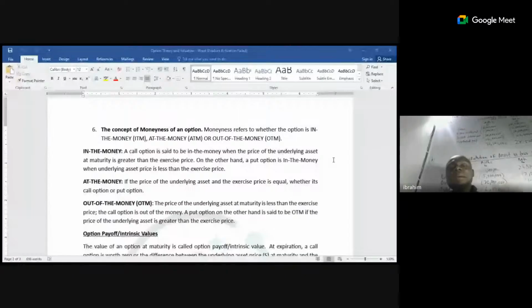Then, a put option is an option to sell. You've exercised your rights, Busayo. You've exercised your rights to buy UBA shares or to sell, because this is a put option. To sell UBA shares.